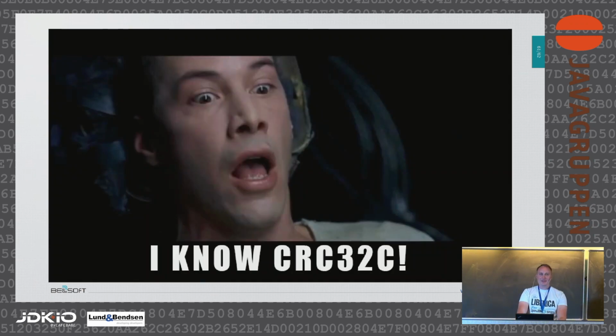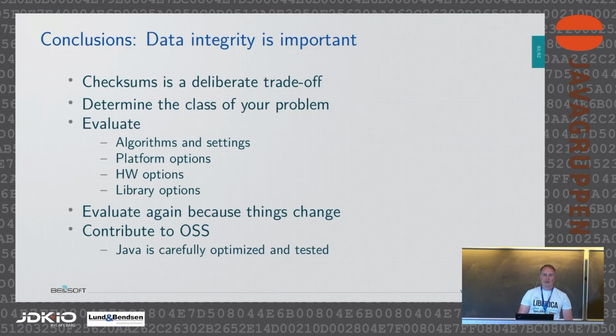Yeah, so let's go to conclusions. Just a few words here. Please, if you have any kind of problem that requires data integrity checks or something like this, analyze it. Probably you will need checksums. Maybe you will need some other codes. Please choose carefully.